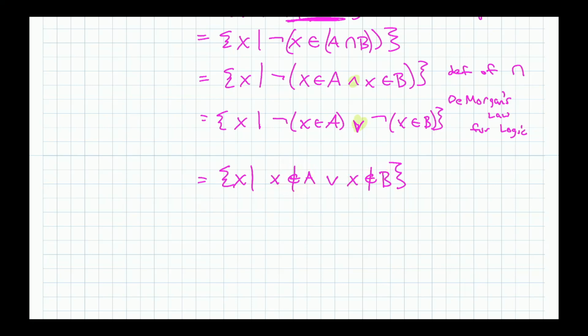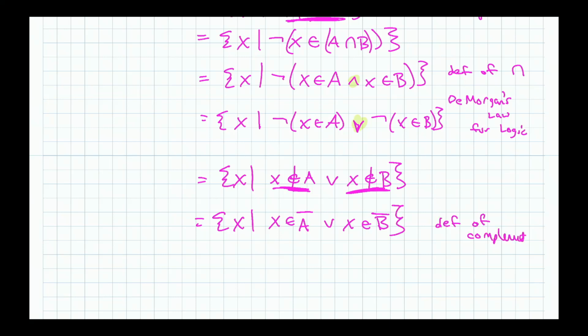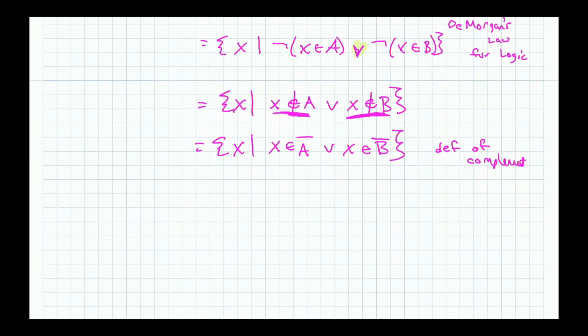If you're outside of A, then you are in A complement. If you're outside of B, you're in B complement. So this is the definition of complement again. We've got the set of all x such that x is in A complement or x is in B complement.